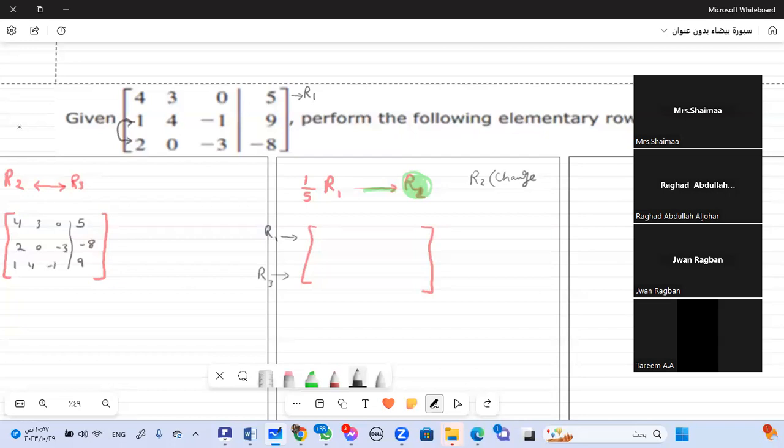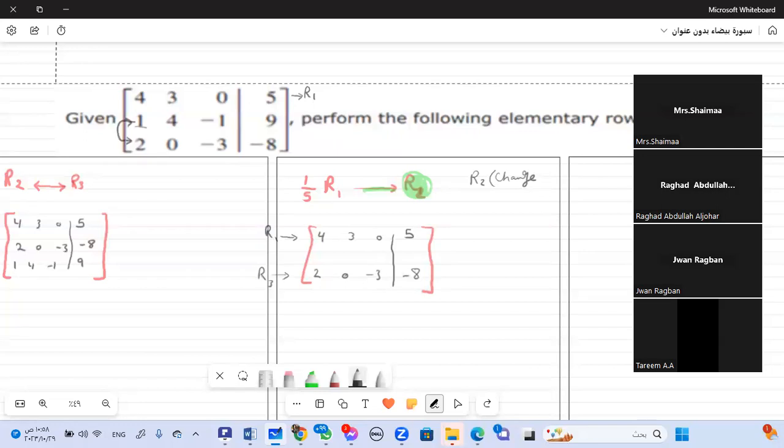So R1 will be 4, 3, 0, and 5. And R3 will be 2, 0, -3, and -8. R2 will be changed as what? Divided by 5, yes, 1/5.